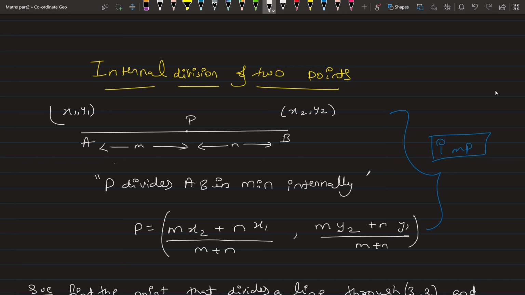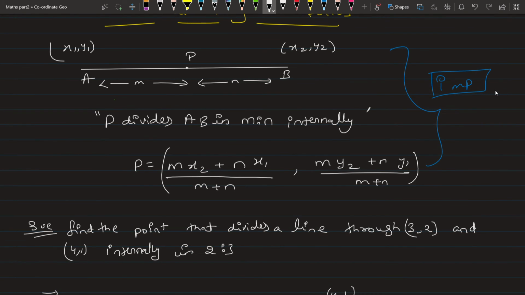Then the next topic or concept is internal division of two points. So there is a line AB, and the x and y coordinates of A and B are x1, y1, and x2, y2. These are also known as point A and B, and the point P divides this line in the ratio m is to n.